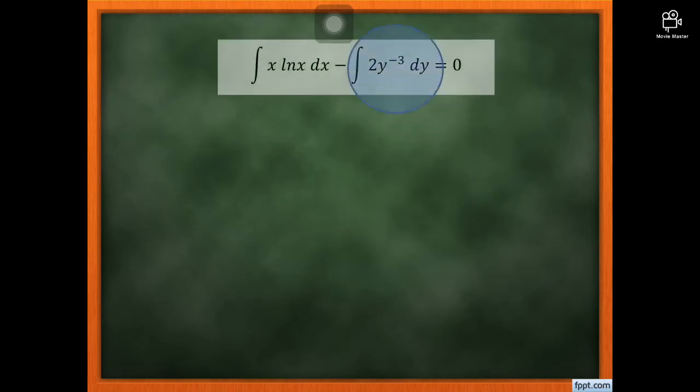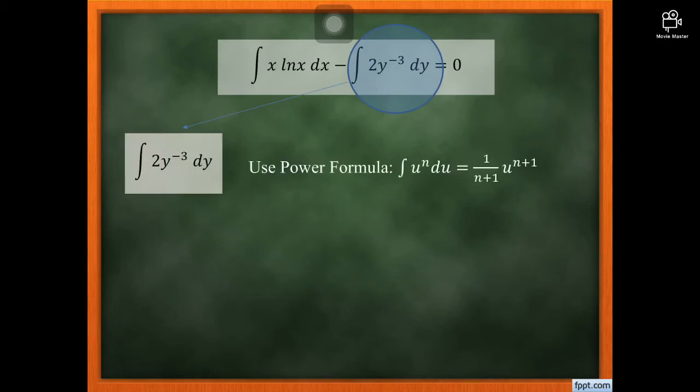So let us integrate the 2y raised to negative 3 dy. In order to integrate this, we just need to use the power formula. So this is the power formula. You can see it on your screen, and I know you are very familiar with this formula.